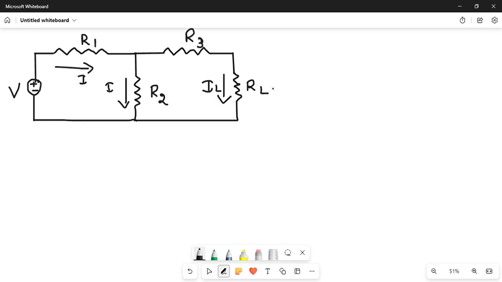In the case of Thevenin's theorem, any linear bilateral network, however complicated it may be, connected to a load impedance may be replaced by a single equivalent circuit containing a voltage source and an impedance in series with it.